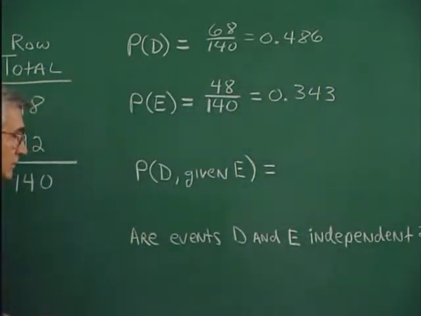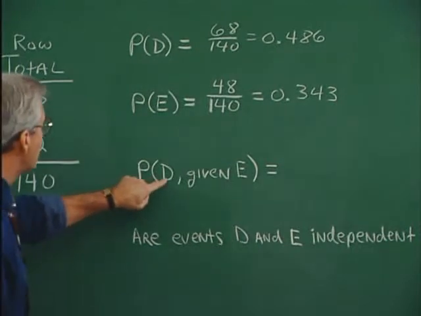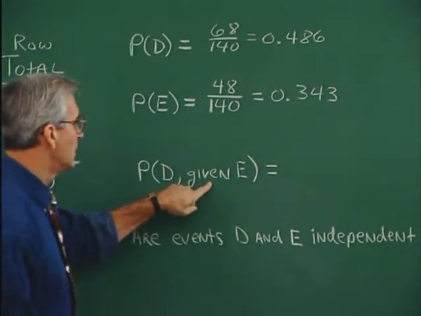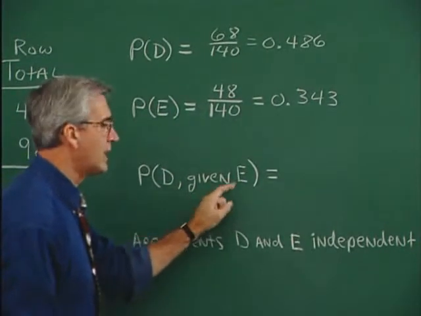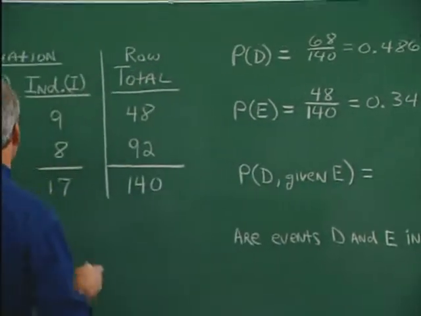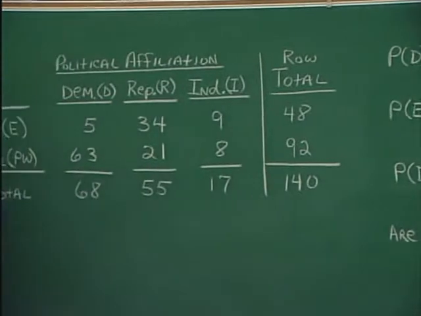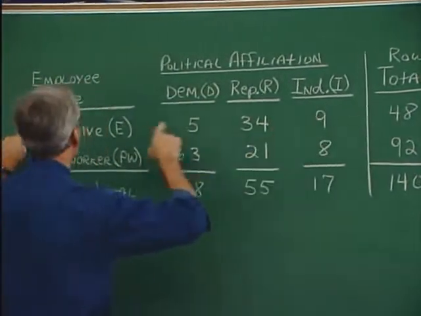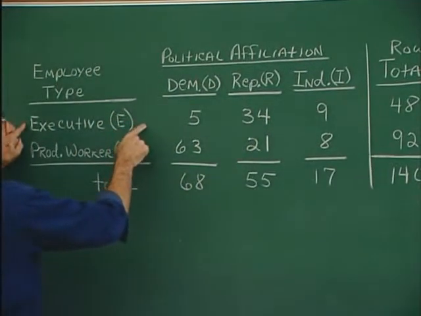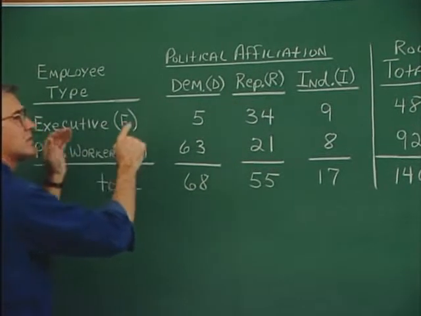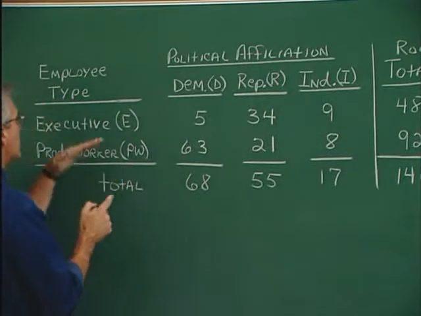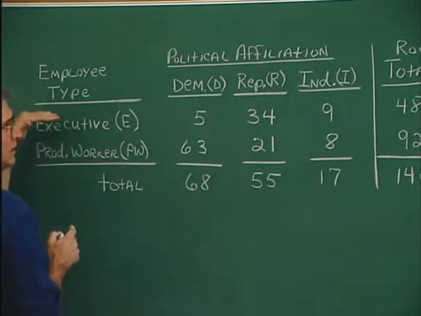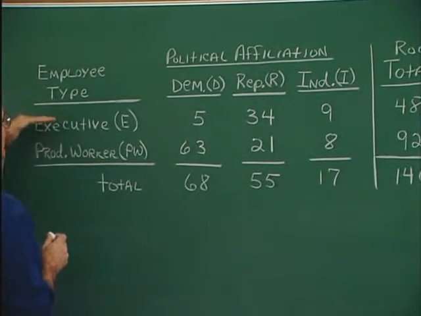Now, what about the probability of Democrat given executive? When we're given something, that's a condition on this probability. It is the condition that the person being selected is definitely an executive.